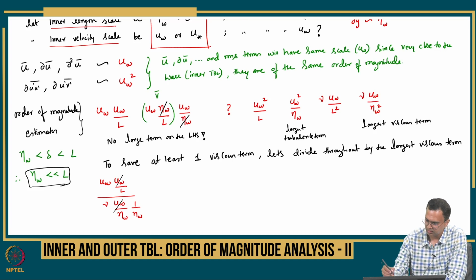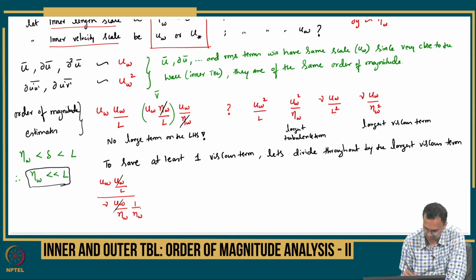And then the next term is the same, which is essentially, if I rewrite this, I would get uw eta w by nu, and then eta w by L.